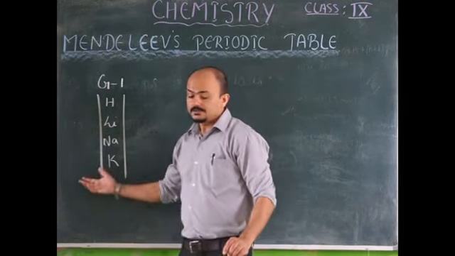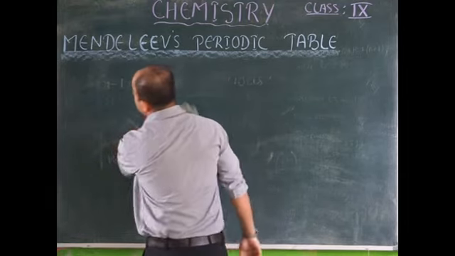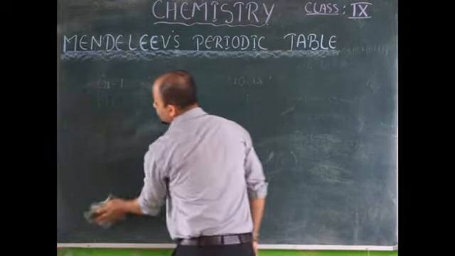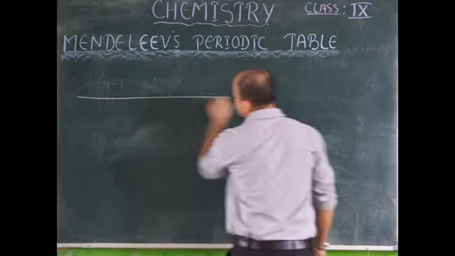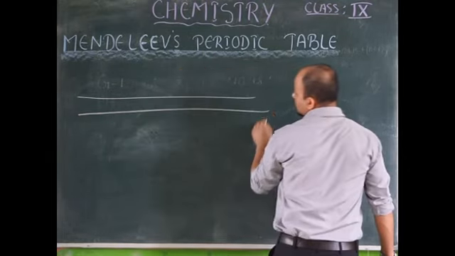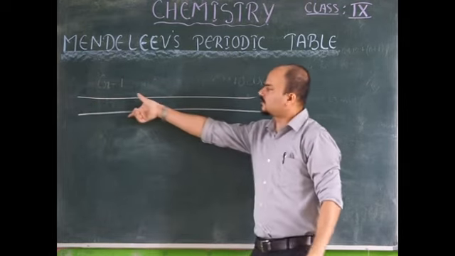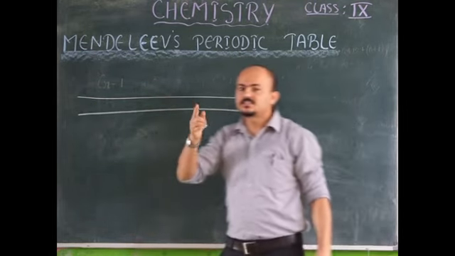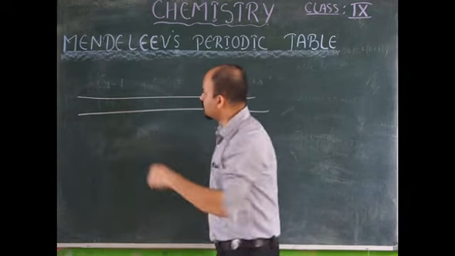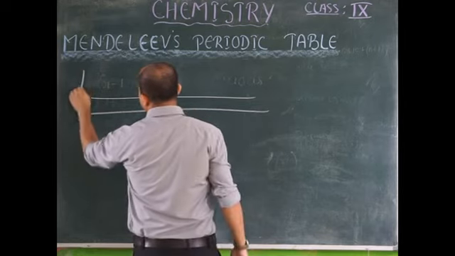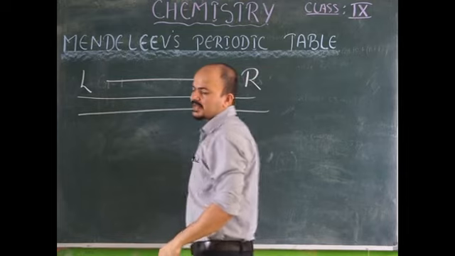Now, in Mendeleev's periodic table, there are groups as well as periods. If the elements are lying in the same horizontal row, then they are said to be in the same period. Now as you move from the left-hand side to the right-hand side of your periodic table, what happens?